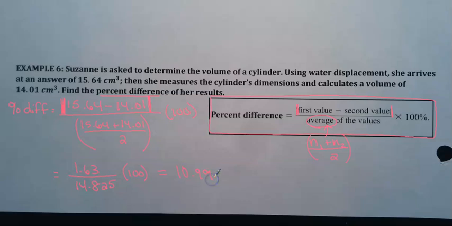So we could say 10.99, which is 11%. On a test or something, I'll generally tell you, but the tenths or the hundredths place is ideal. Because I'm also fine with 10.99%.